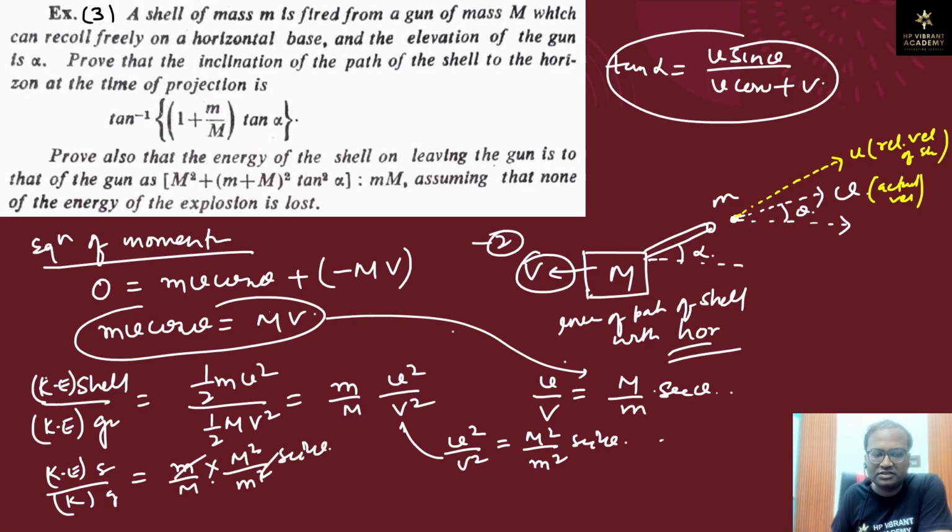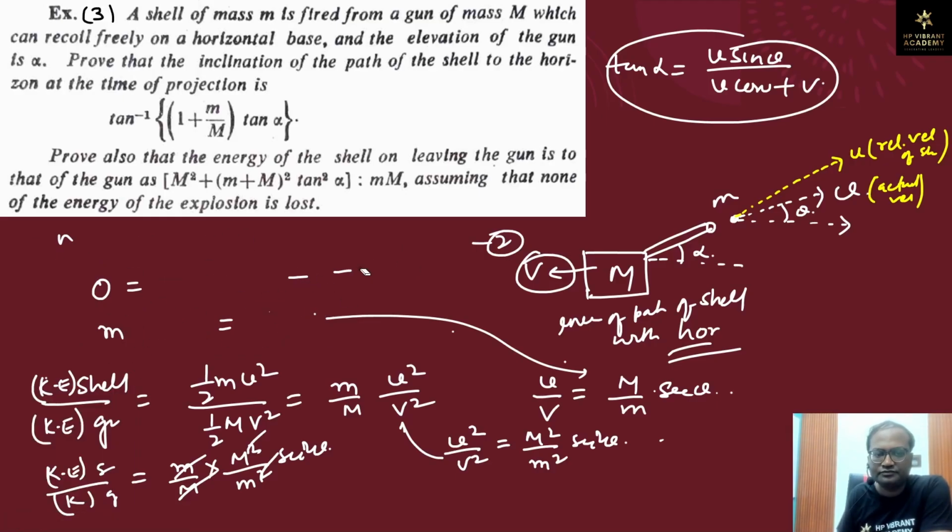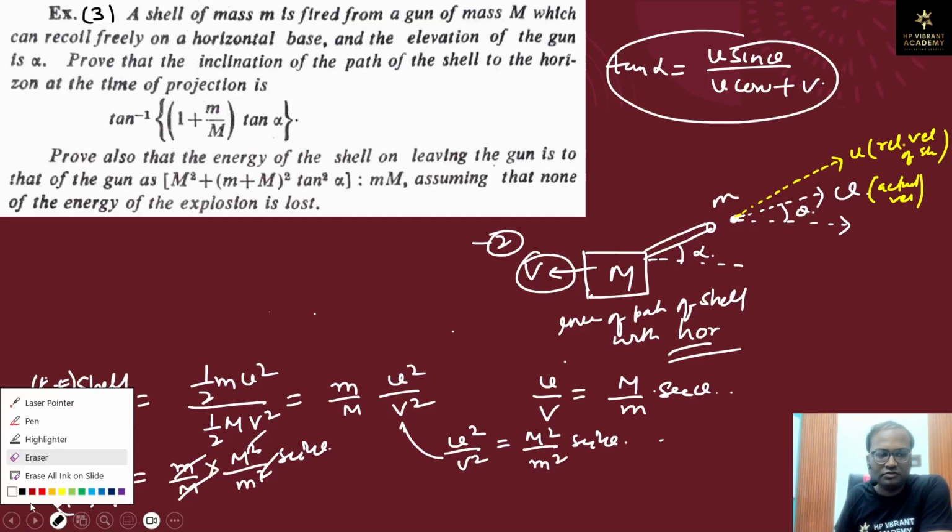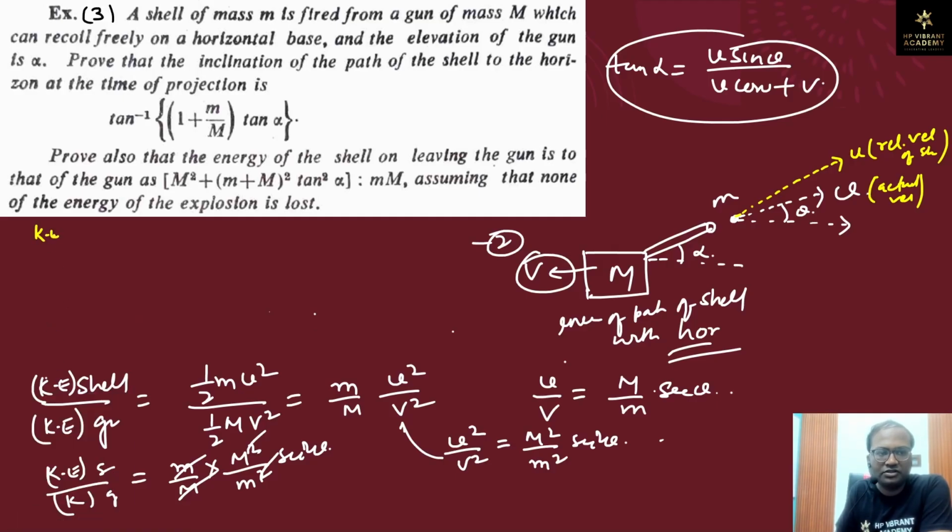This gets cancelled, this gets cancelled. This is capital M upon small m into sec square theta. Let us further simplify this.